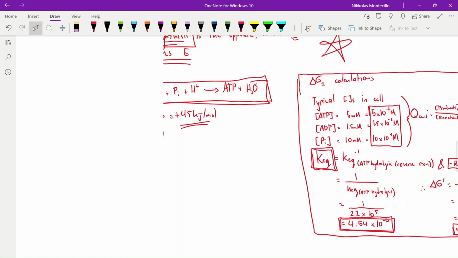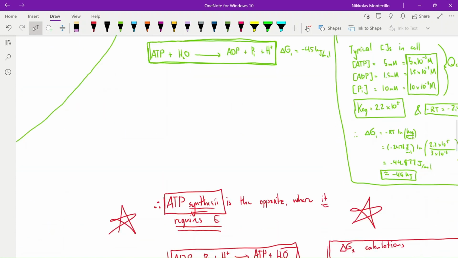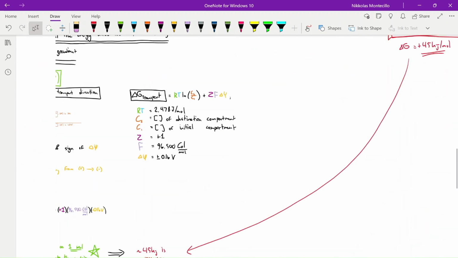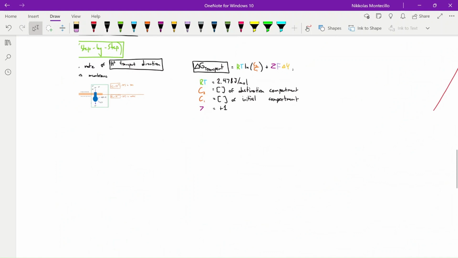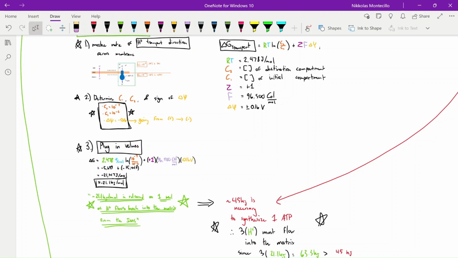Okay, so we see here that this value is the exact opposite of ATP hydrolysis, right? And that's how we determine how much energy is necessary to synthesize 1 ATP.